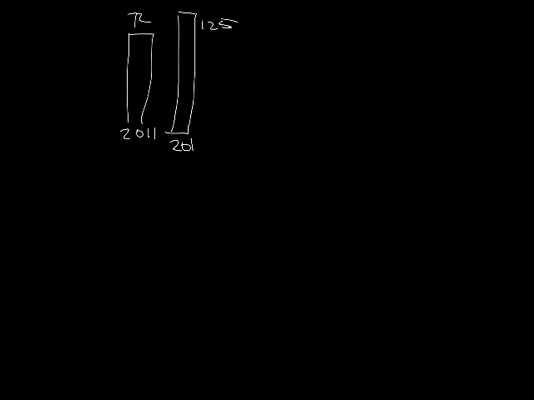So we have 2011, this number was 72, and 2012, this number was 125, and those are in millions, but let's just leave them as the numbers 72 and 125. All right, so we're trying to find out, and it says in the problem, the percent increase from 2011 to 2012.